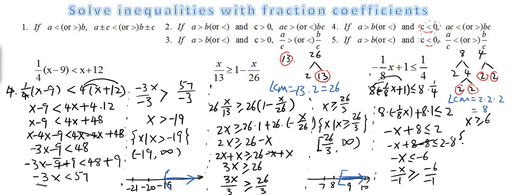Now you can write it down as set notation, or you can write it down as interval notation. Be careful for the interval notation, you're gonna use a square bracket because 6 is included, or we have an equal sign.